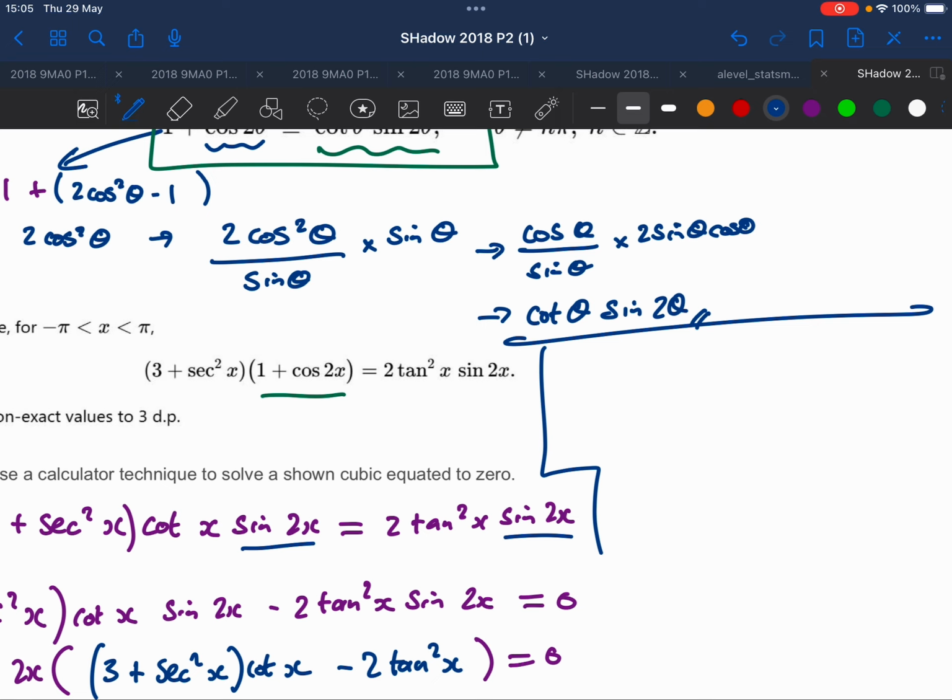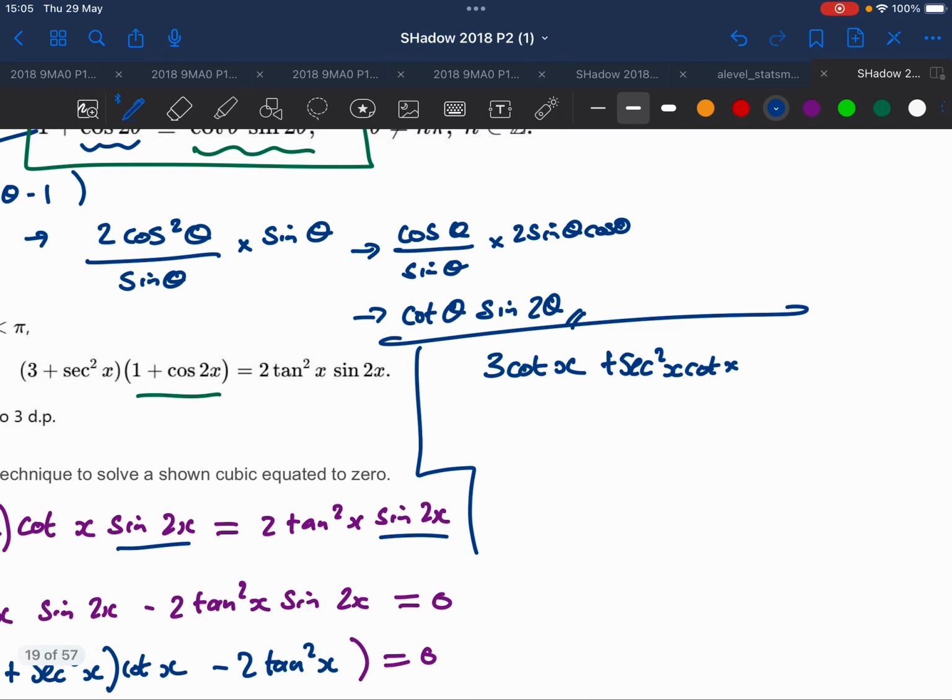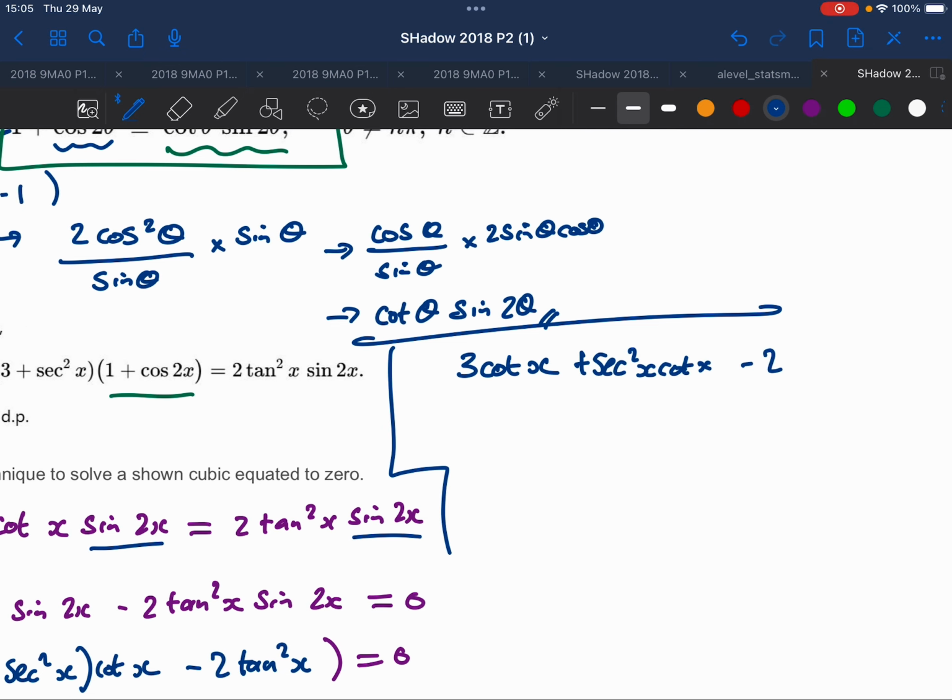So let's do 3 cot x plus sec squared x cot x minus 2 tan squared x is equal to 0.